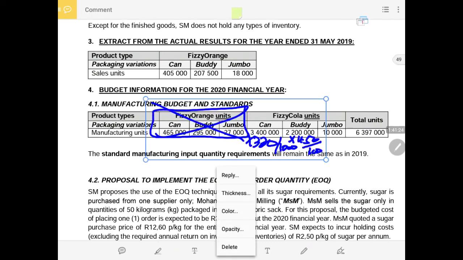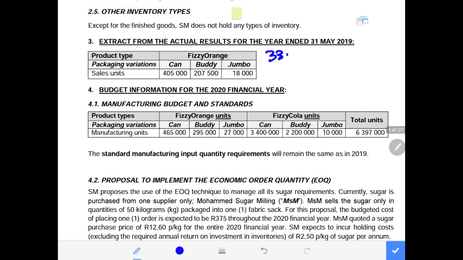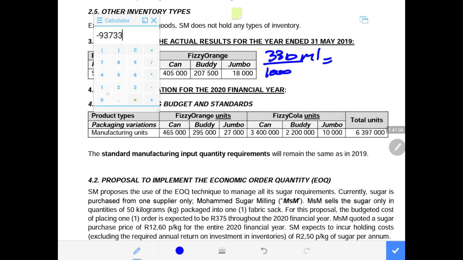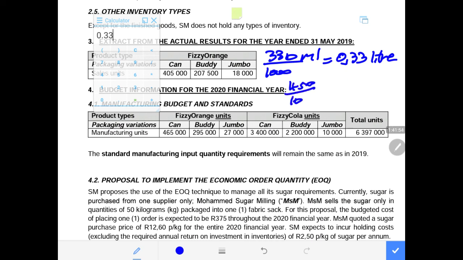Or else we can simplify it and convert the 330 milliliters by dividing by 1000. 330 divided by 1000 gives us 0.33 liters. So this is already converted into liters. The second one, 450 divided by 1000, is already converted into 0.45 liters, which is the body. The jumbo is already 1.25 liters.